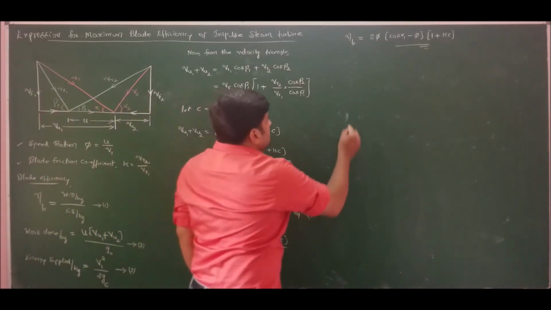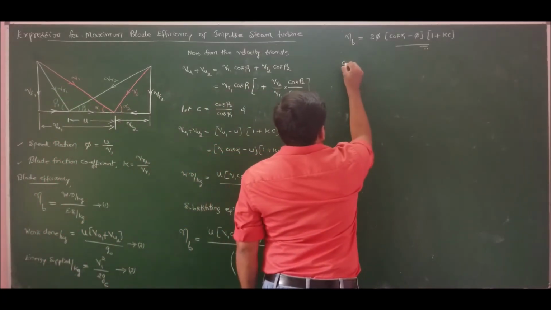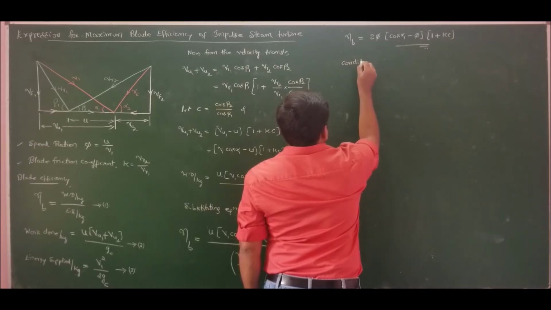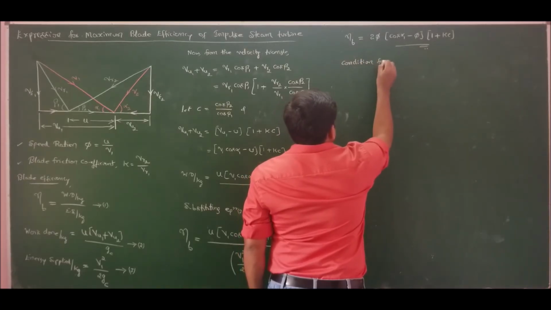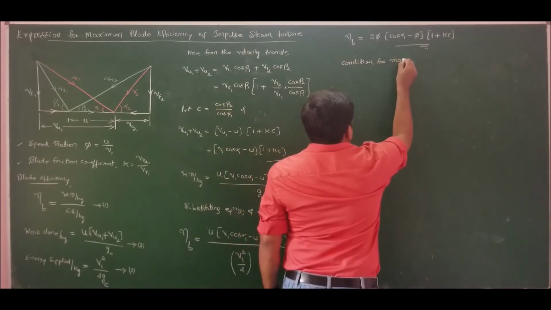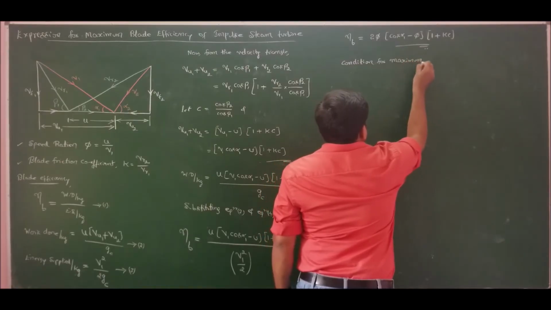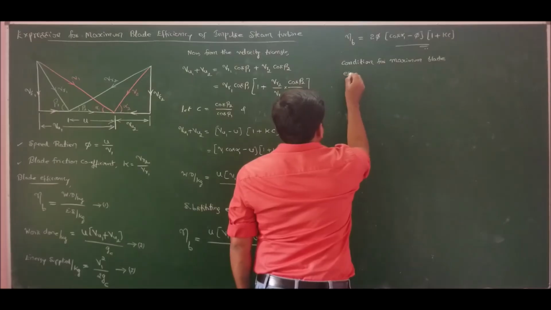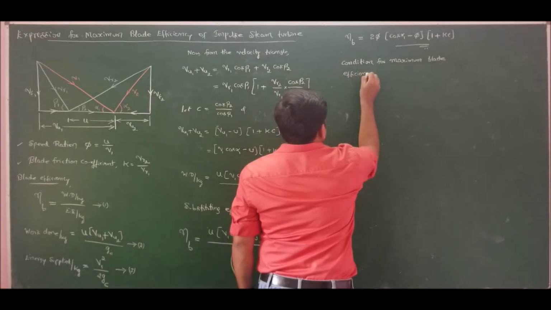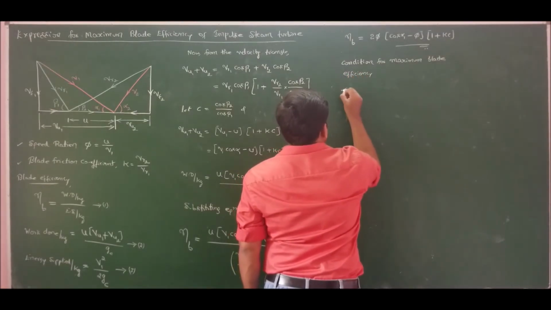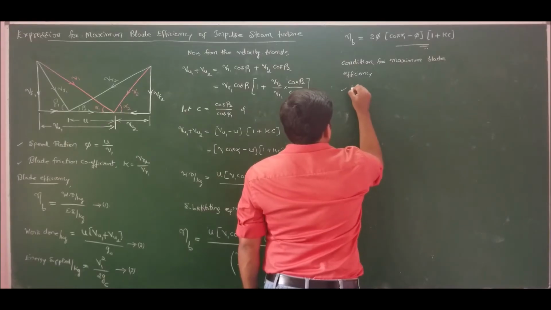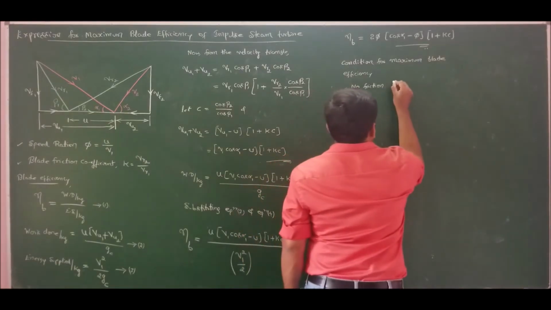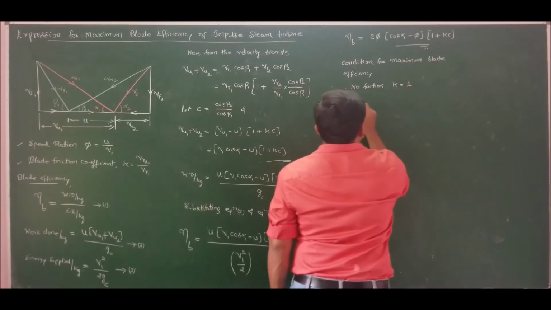Now the conditions for maximum blade efficiency. First one is no friction. If there is no friction, the value of K should be 1.